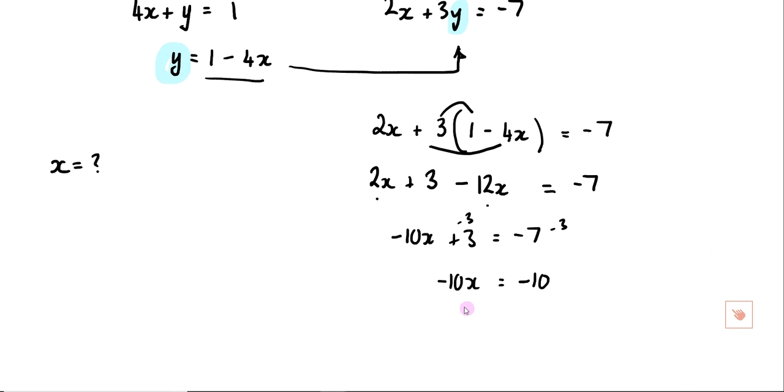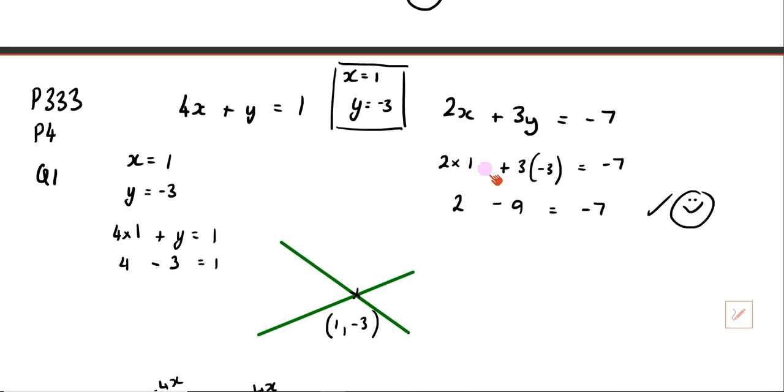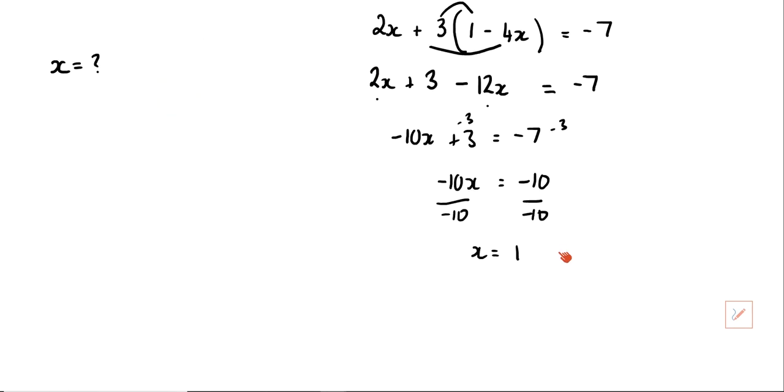Now we divide by negative 10 and I get x equals 1, which is what I had up there, yeah? We happy with that? So I guessed x equals 1 and now I've shown how I got it through substitution. Make sense?